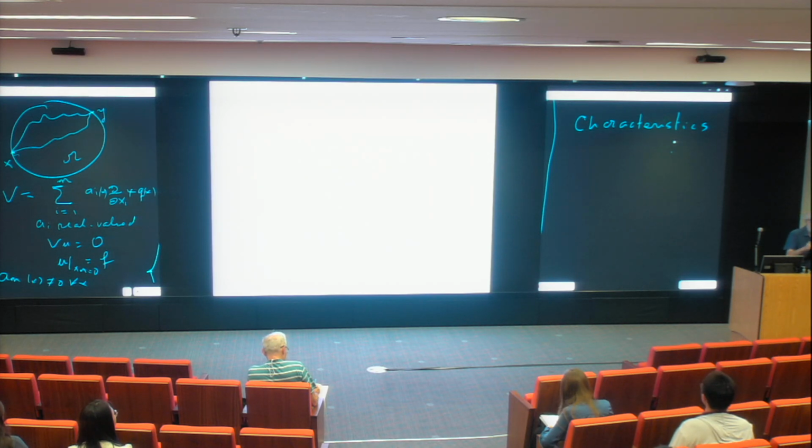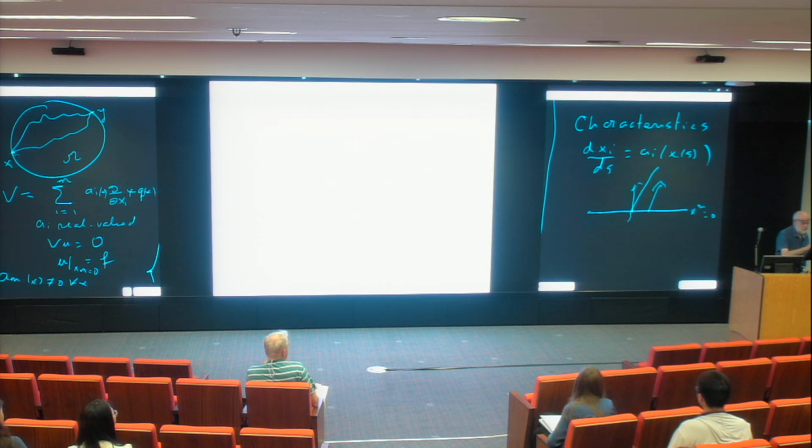These are just in the x variable. This is dx_i/ds equal to a_i of x of s. So you have a vector field and the initial surface, and because a_m is non-zero, the vector field is transversal, not necessarily perpendicular, to x_m equal to 0. You have the integral curves of this vector field, and you just solve the ODE.